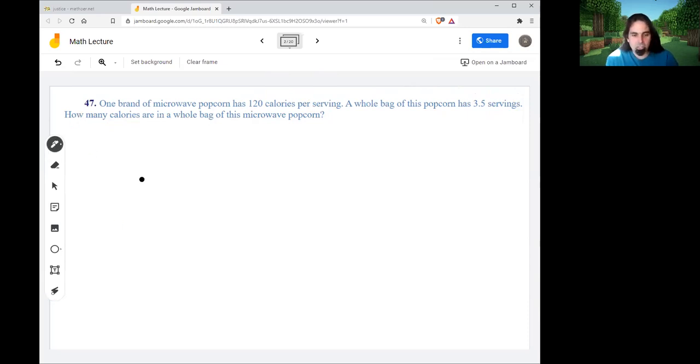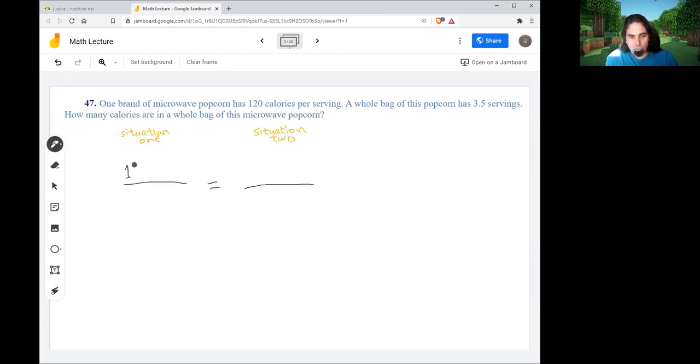There's 2 situations. So I'm going to put situation 1 on one side, and situation 2 on the other, just like we talked about. And they gave me 3 numbers and asked for a 4th.